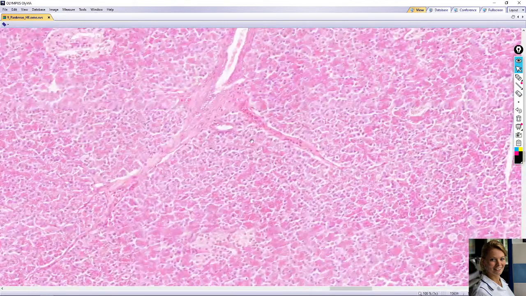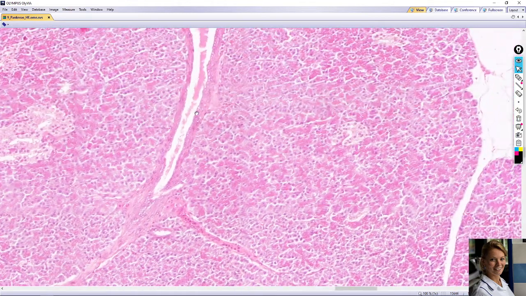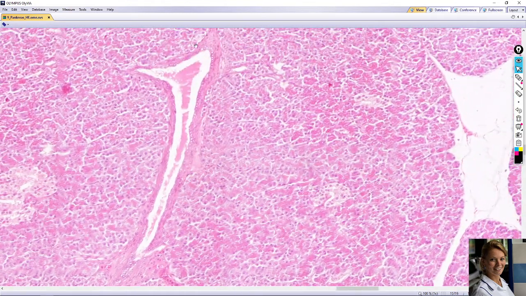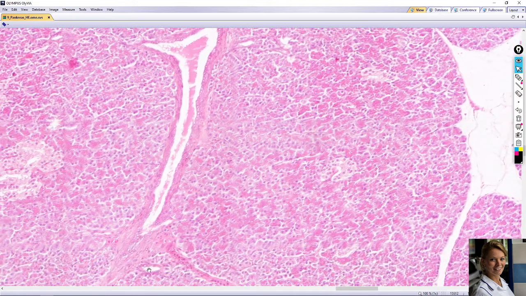For example, here is an intralobular duct, and here is a bigger interlobular duct. Also, the intralobular duct is lined with one layer of cuboidal cells, but the interlobular duct is surrounded by connective tissue.